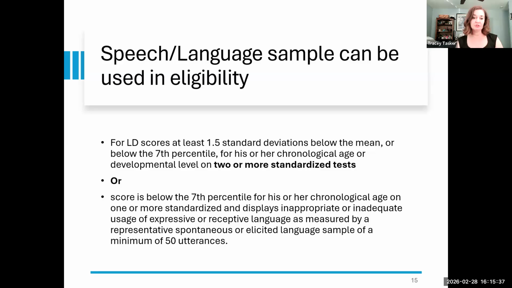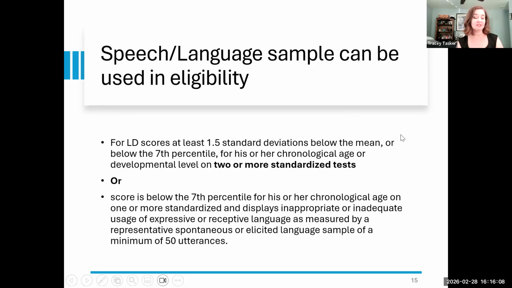These can also be used for eligibility. So I read you the eligibility for California for speech. There's eligibility language in the law specifically related to language disorders. For language disorders, there are specific instructions that you need a standard score that's 1.5 standard deviations below the mean or the average. And they're looking for 2 or more standardized tests.